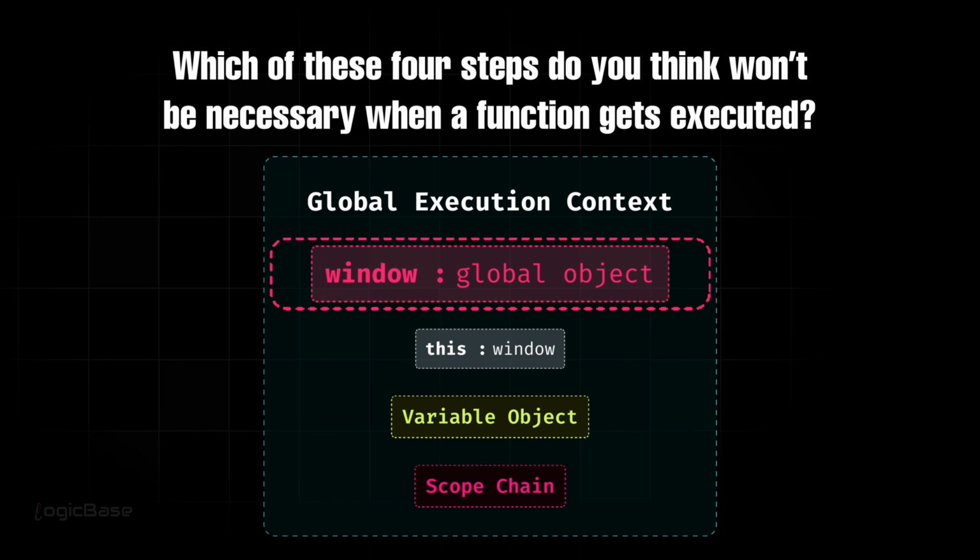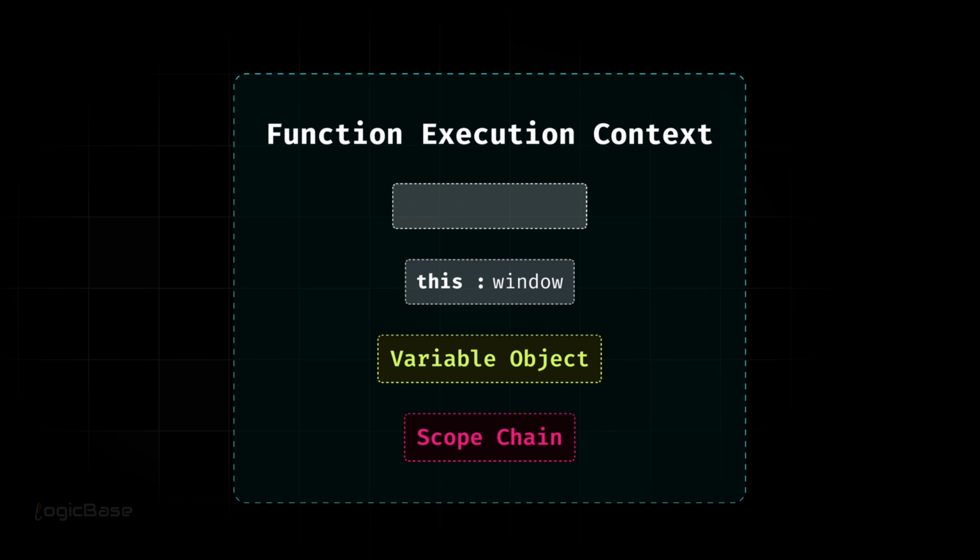Exactly, the global object shouldn't be created again inside a function execution context, because the entire program already has one global object that was created earlier, and all functions can access it when needed. So, instead of creating a new global object, something new happens inside the function execution context. It creates an arguments object.